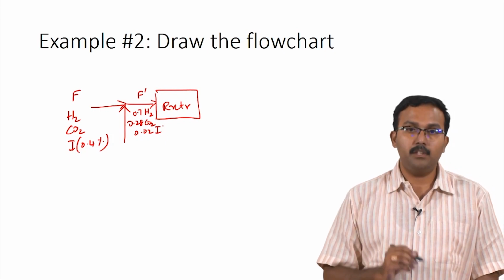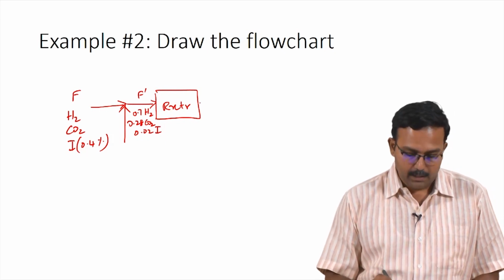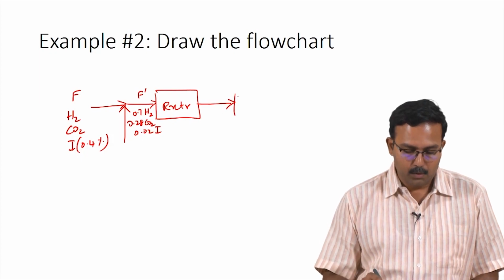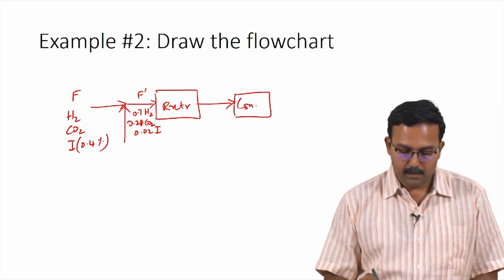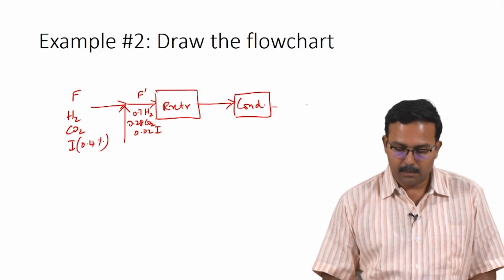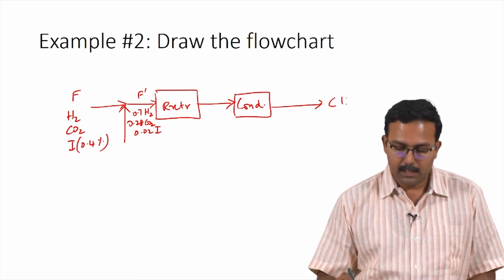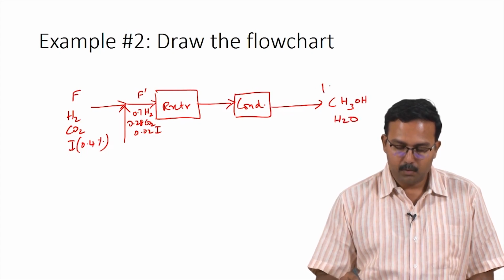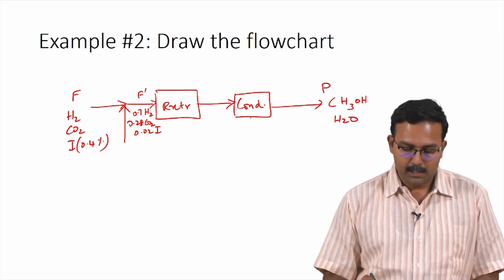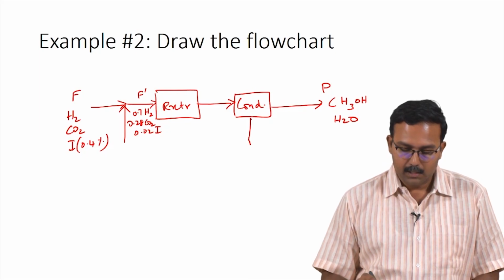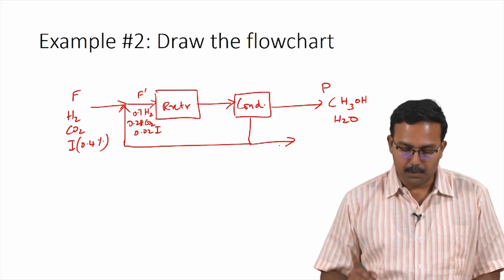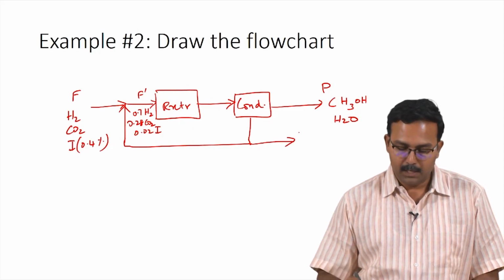So, this composition of the total stream has been given, and you have a reactor output which then goes into a condenser, and this condenser separates the product which contains methanol and water. So, this would be the product stream, and the rest of it is collected and either recycled back or purged. So, we have a purge stream.